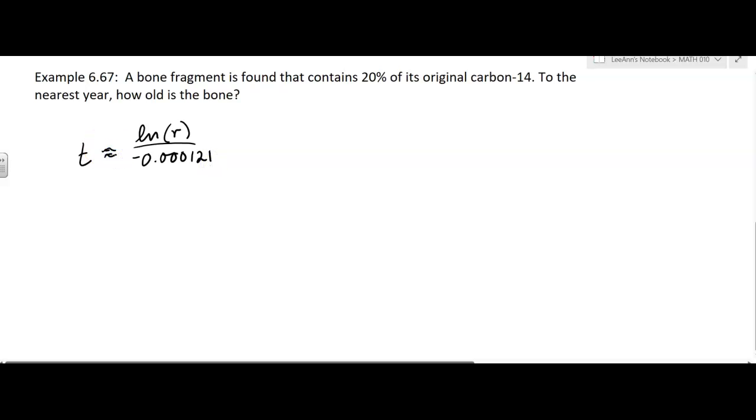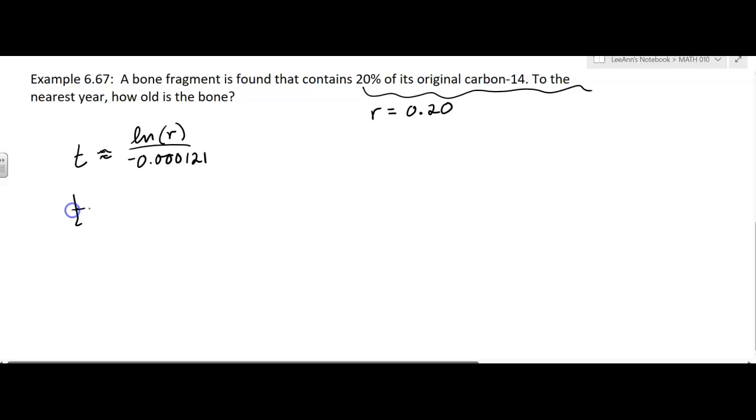So this is a bone fragment that is found that contains 20% of its original carbon-14. So R is going to be 0.20, you'll have to change that to a decimal. Now we're going to find the age of the bone. It'll be the natural log of 0.20 divided by negative 0.000121.